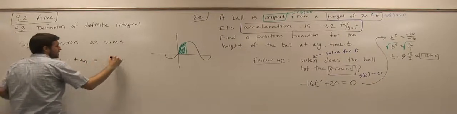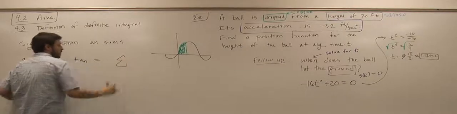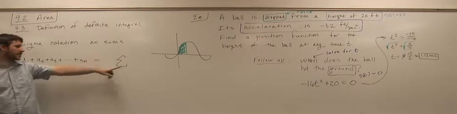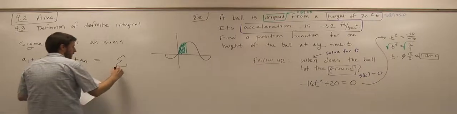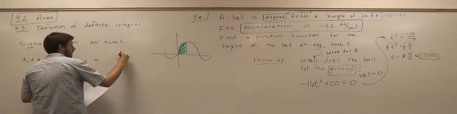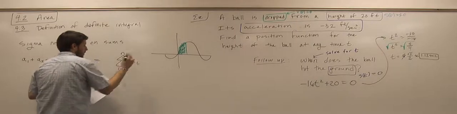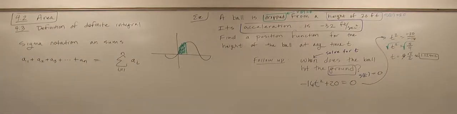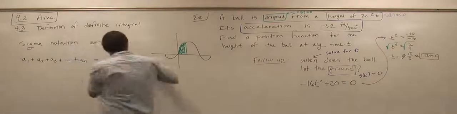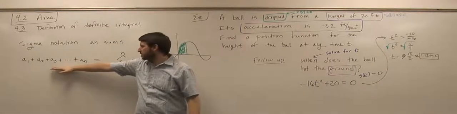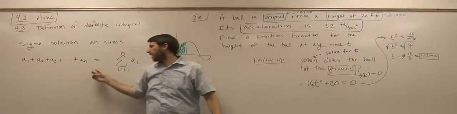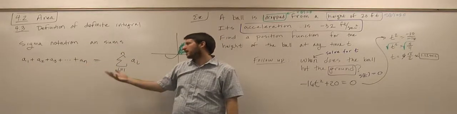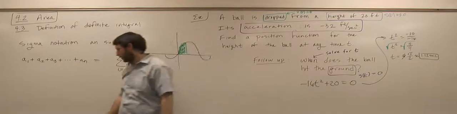I can write this in what's called sigma notation. This is a capital sigma, Greek letter. It looks like this. I'm going to tell you what each one of these means. So this notation means exactly the same thing as adding up these n numbers. And I'll give you an example very quickly.